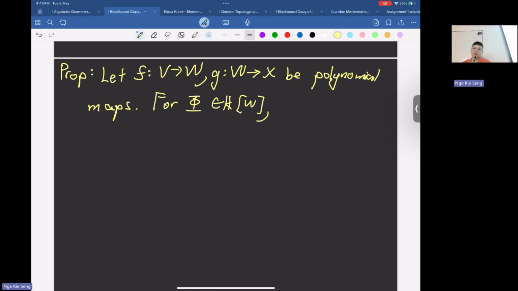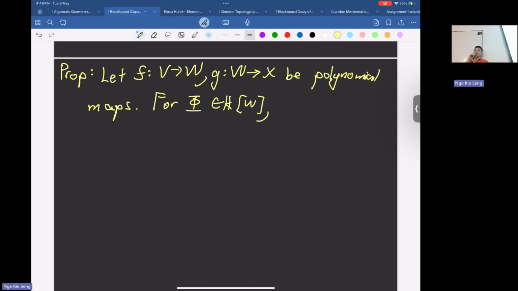Does anyone know what's the difference between phi, f, and g? The codomain of phi is pretty fixed. Phi in this coordinate ring means what? Where is your codomain? If you put a point in W into phi, what do you get? You just get a field element, a number.